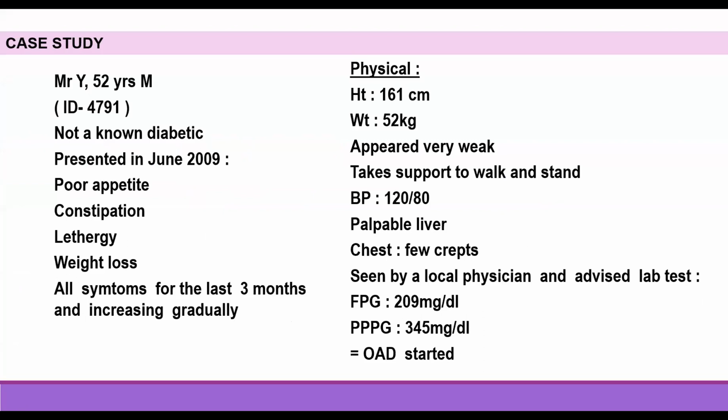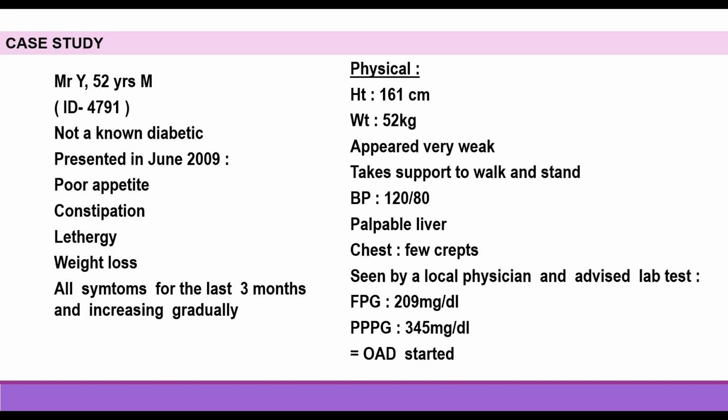This is a 52-year-old male, not a known diabetic. He came in June 2009 with poor appetite, constipation, lethargy, and weight loss for the last 3 months, increasing gradually. He appeared very weak and was taking support to walk and stand. A 52-year-old man should not take support to walk and stand.